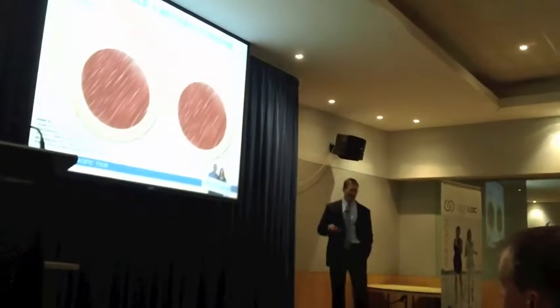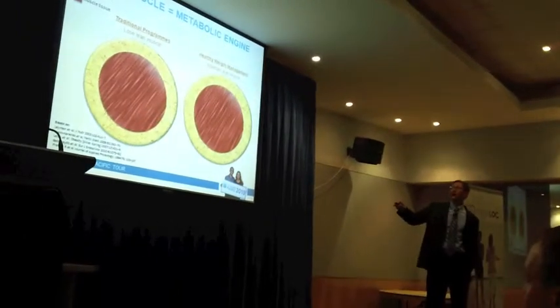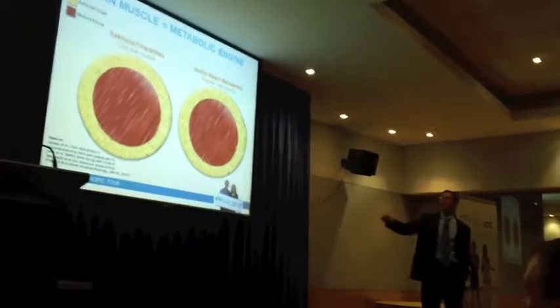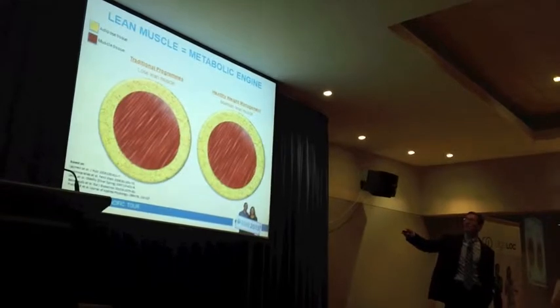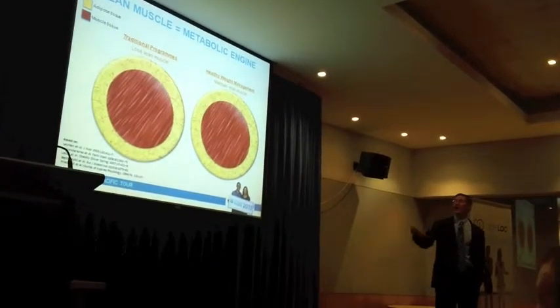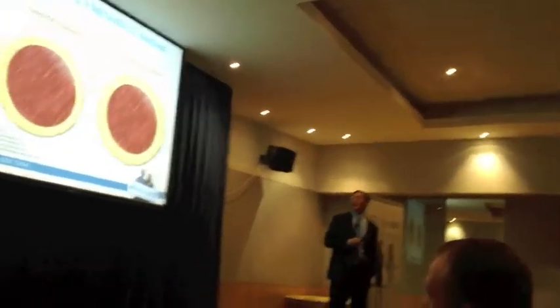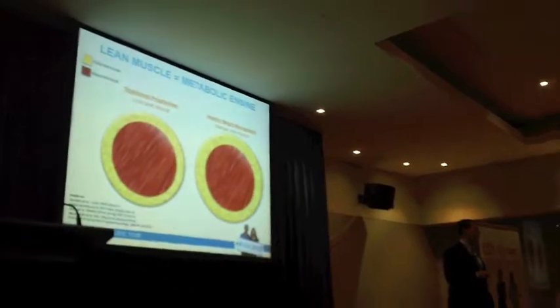Well, this really just talks a little bit about the yo-yo diet that I mentioned before. So a traditional program, someone says, by the way, this is my muscle tissue and my fat tissue. I've got two individuals with the exact same ratios. And this individual is going to be on the traditional weight loss program where they lose fat, but they also lose some muscle.